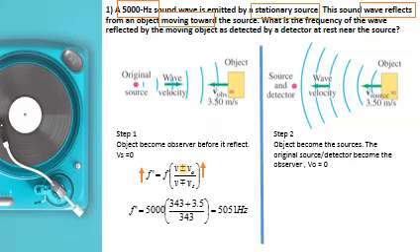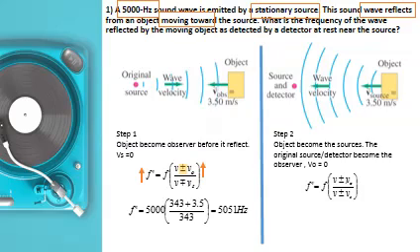Using the same equation, f prime equals f times v plus or minus v naught, divided by v plus or minus vs. The v naught is now 0, because the detector is not moving.